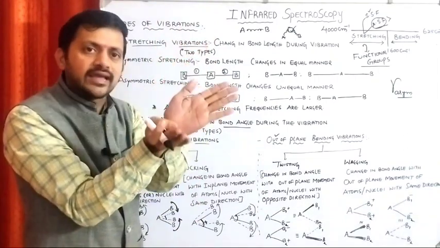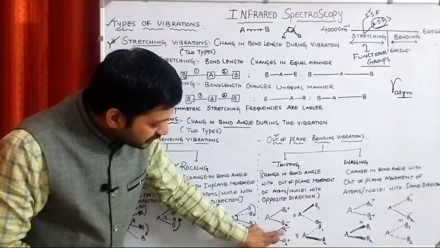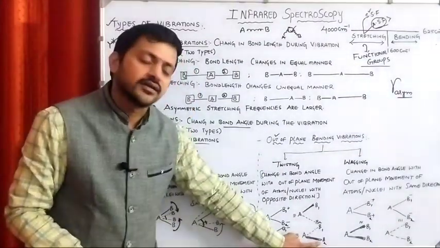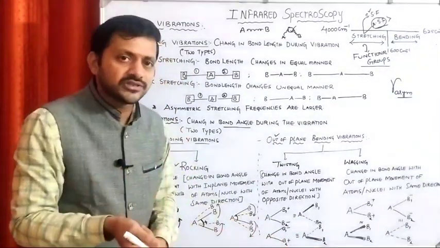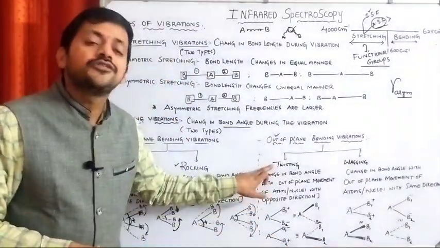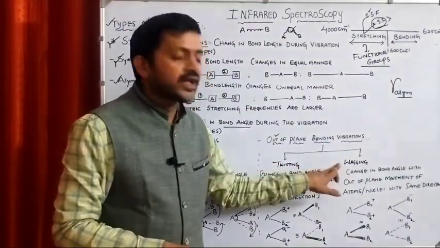Because of that reason, the bond angle is changing. In the second case, the B1 atom is below the plane, the B2 atom is above the plane. In this situation also the bond angle will change. Such type of vibrations are commonly called twisting vibrations. Next one is wagging.